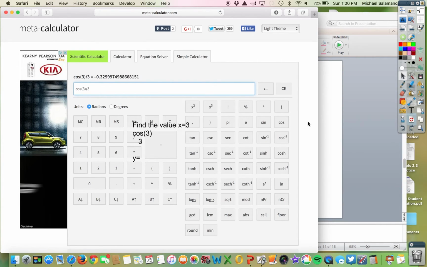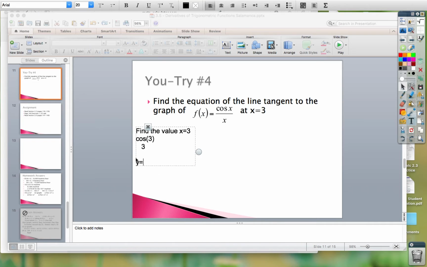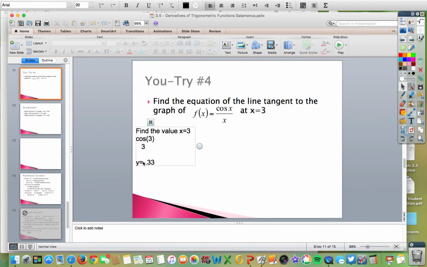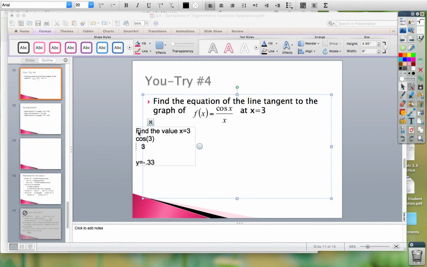We get negative 0.33. Okay, now that we have that, we'll move that to the side.